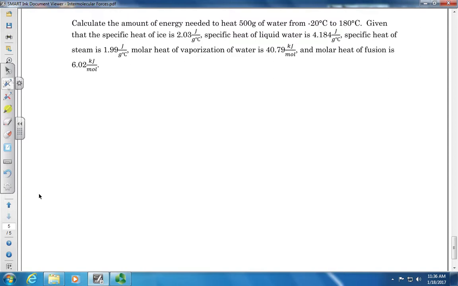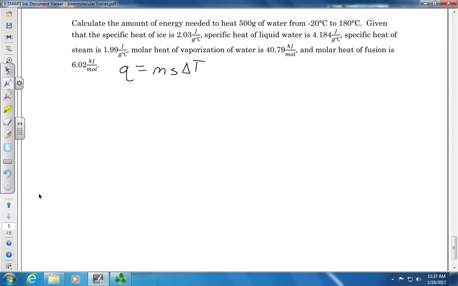All you need to do is recognize that Q is equal to mass times the specific heat times the change in temperature. And we can keep temperature in terms of Celsius in this case. We do not need to convert to Kelvin because our specific heats are given in terms of Celsius. We are going to want to make sure that all of our units match up in the end. So definitely keep track of your units.